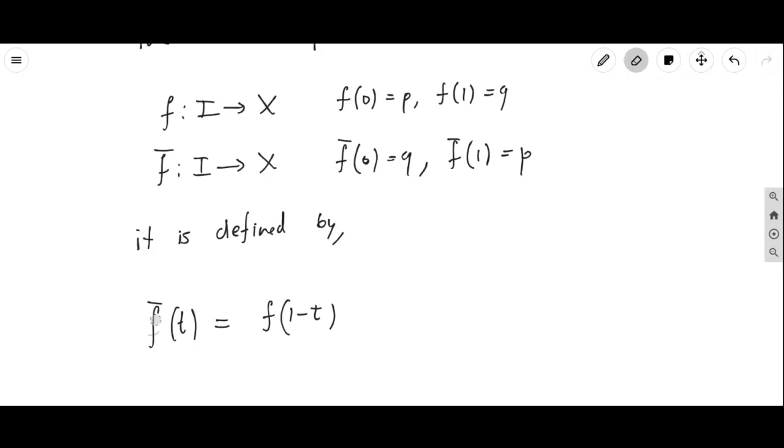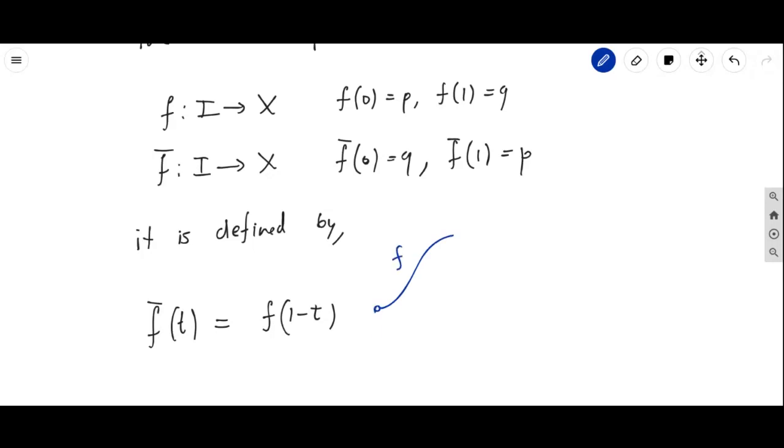And now notice what happens if you set t equal to 0, then you have f of 1. And f of 1 is Q. So f bar at 0 is equal to f of 1, so that's Q. And if you set t equal to 1, then f bar of 1 would be equal to f of 1 minus 1, so that's f of 0, and f of 0 is P.